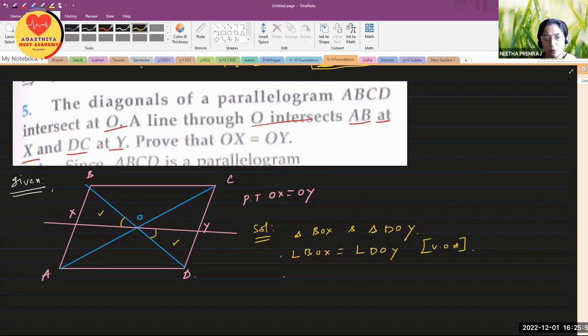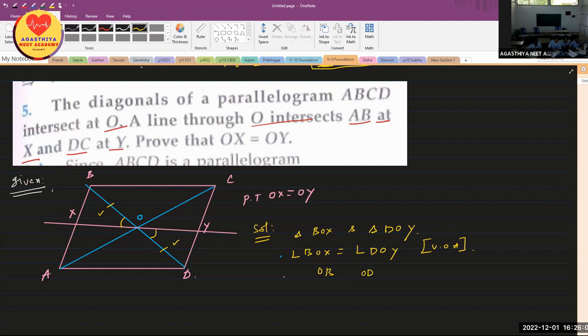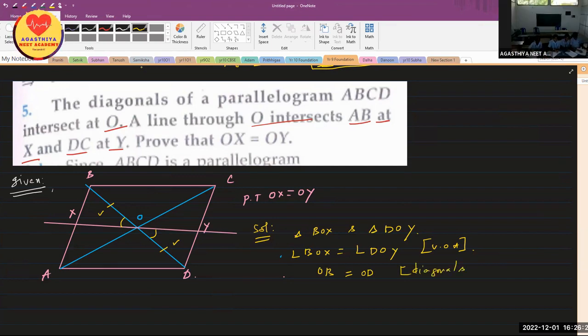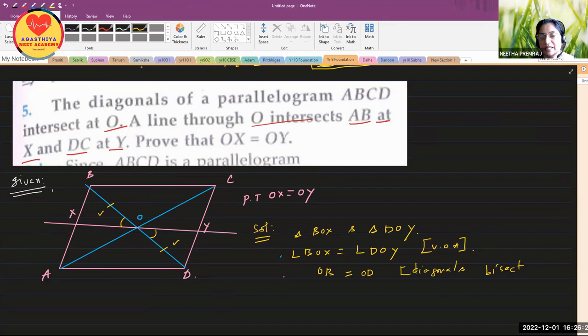What about OB and OD? Equal. OB is equal to OD. Why? What is the reason? Diagonals bisect each other.